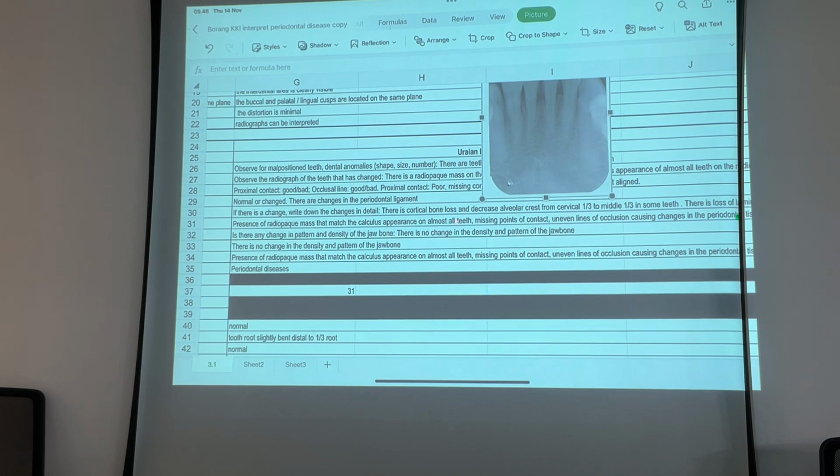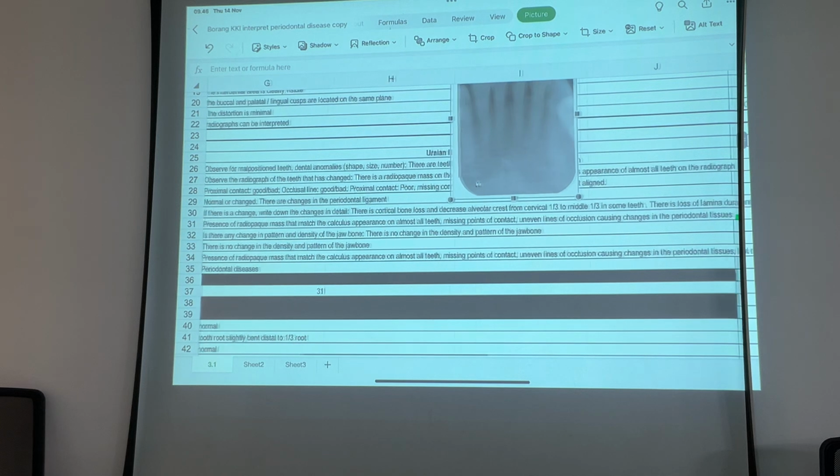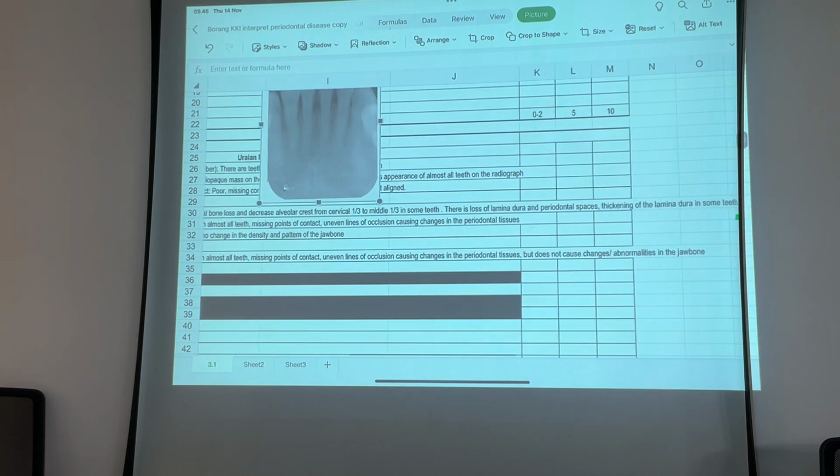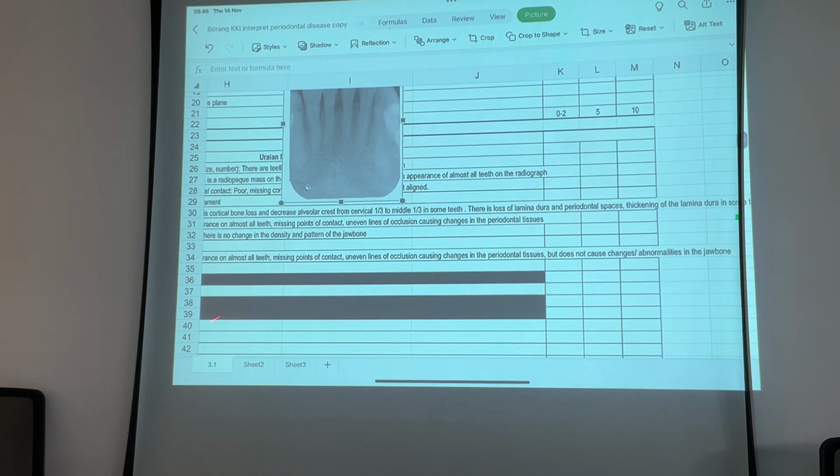There is cortical bone loss and decreased alveolar crest from cervical 1/3 until the middle 1/3 in some teeth. From cervical into the middle. Okay.